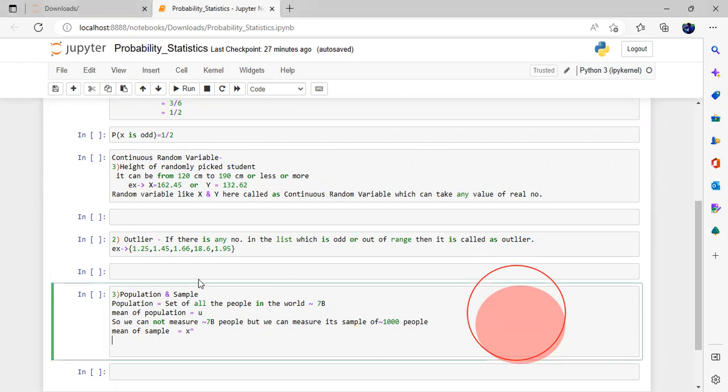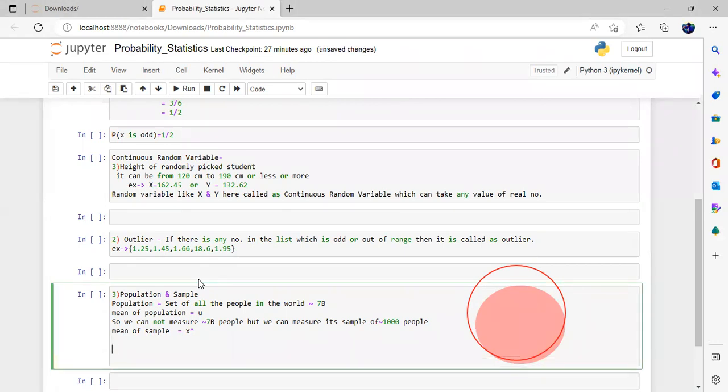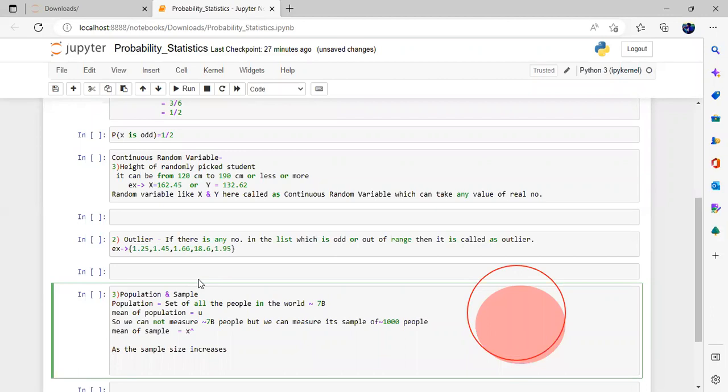So we can say that as the sample size increases, our X bar is equal to mu, right? Means as your sample size is increasing, your mean for sample is becoming closer to mu, the mean for population.